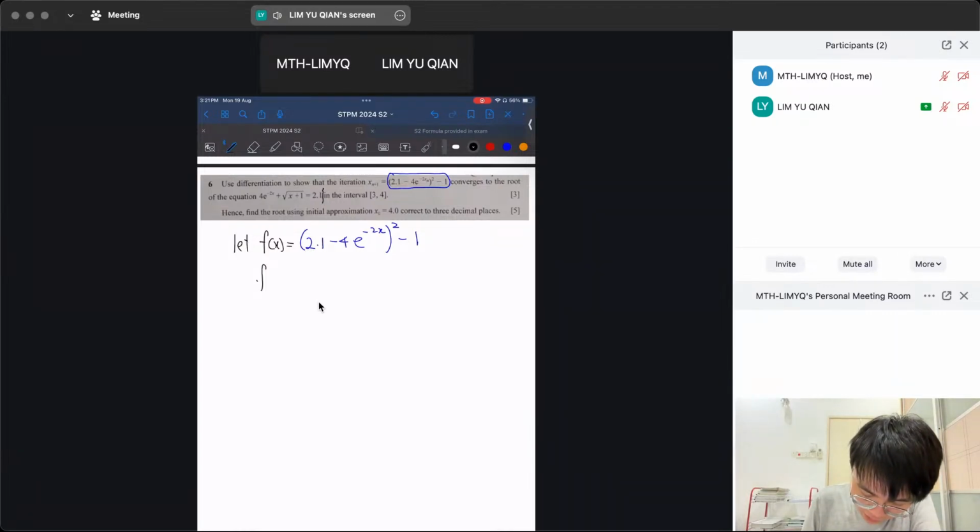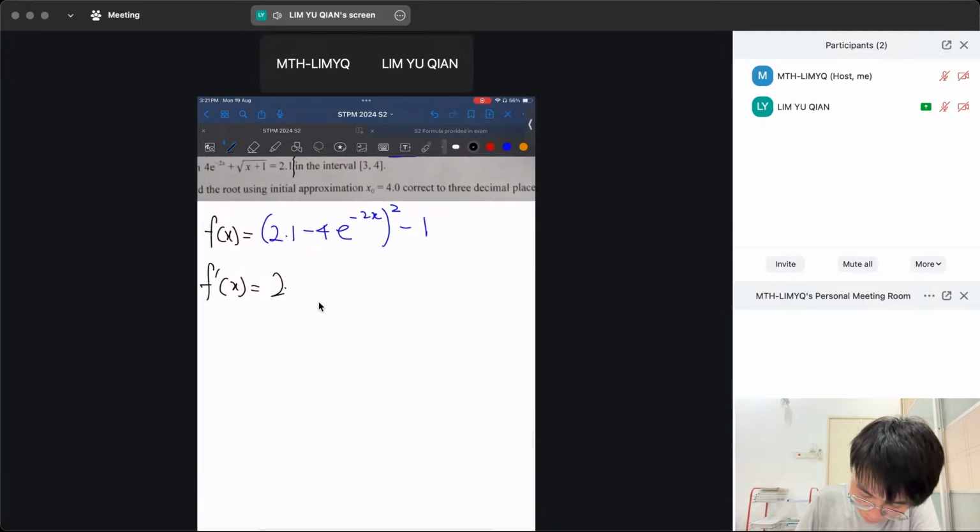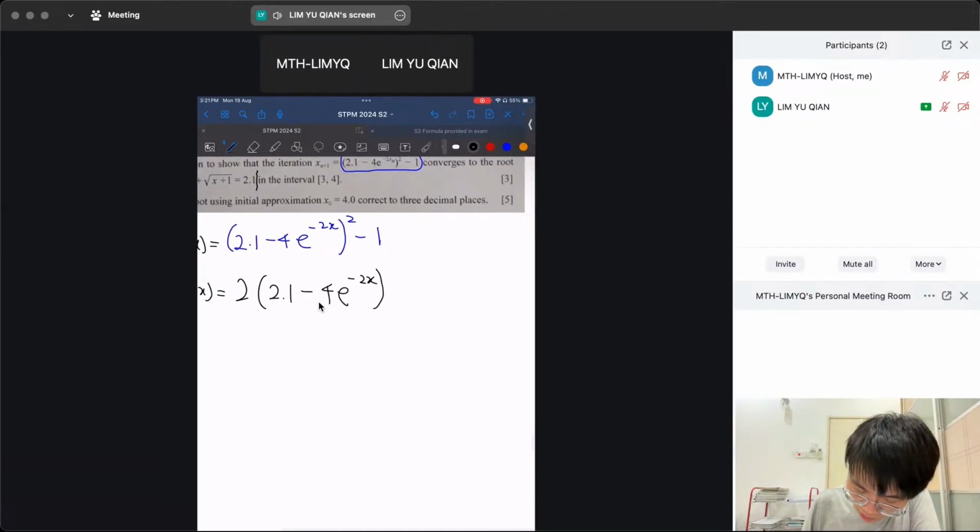Okay, so let's do differentiation. 2 times 2.1, so multiply 2.1, that's the difference. Okay, 4e negative 2x. So differentiation, so this one minus 1, you put down and then multiply by the differentiation of this part.